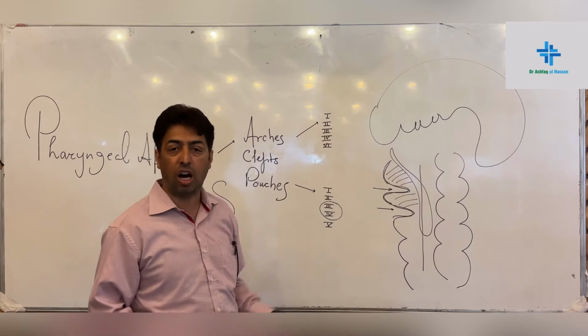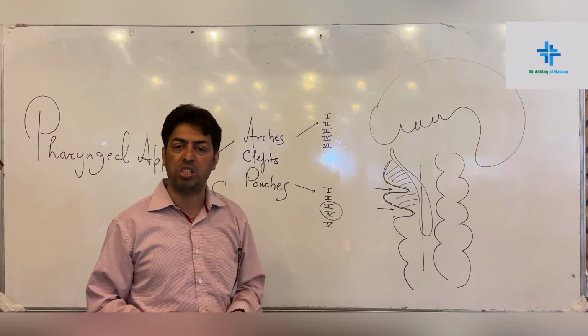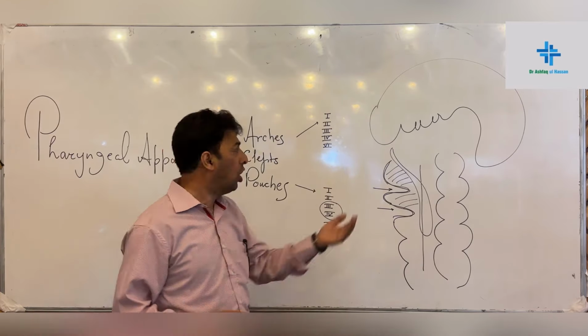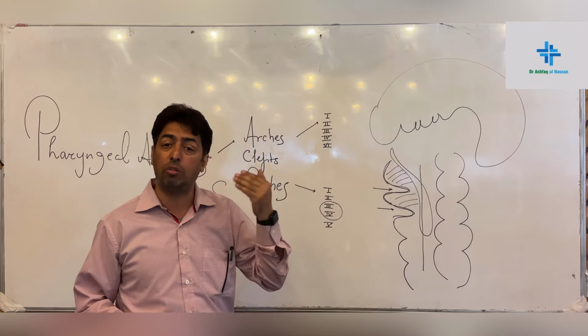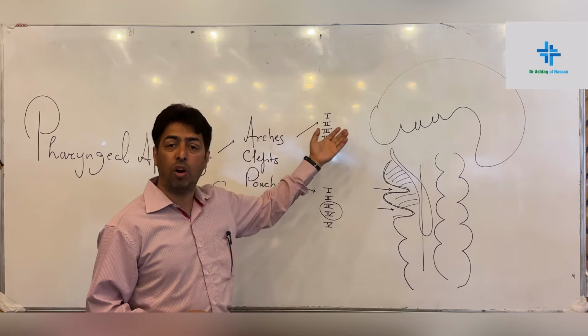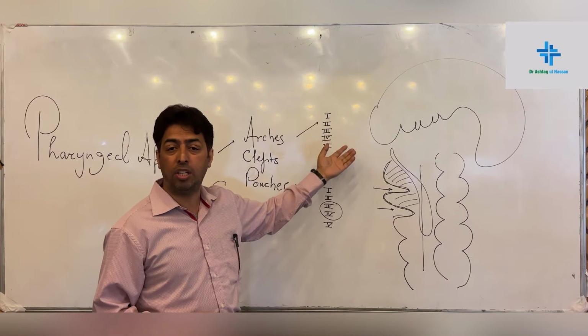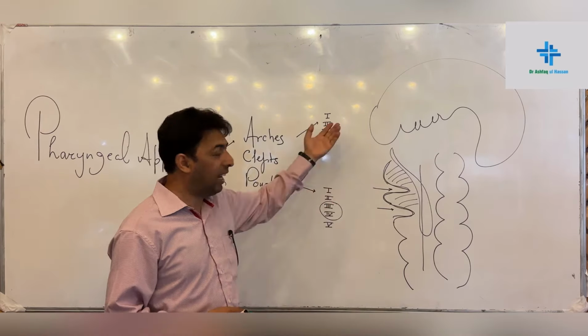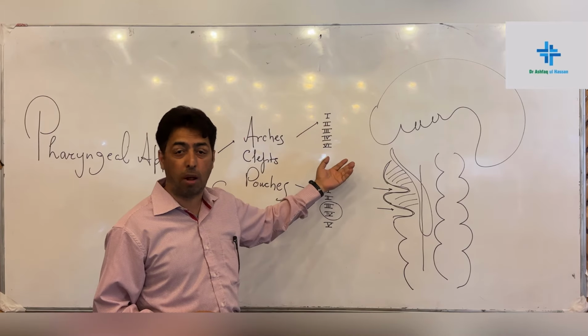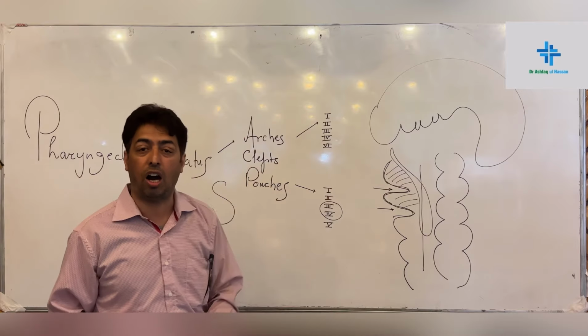Because these arches lead to development of the auditory ossicles, the face, and the bones of the face. So they lead to the development of the mandible and the maxilla. So we can have features of maxillary hypoplasia, mandibular hypoplasia, cleft lip, cleft palate, maldevelopment of ossicles leading to auditory problems, and we give the name arch syndromes.